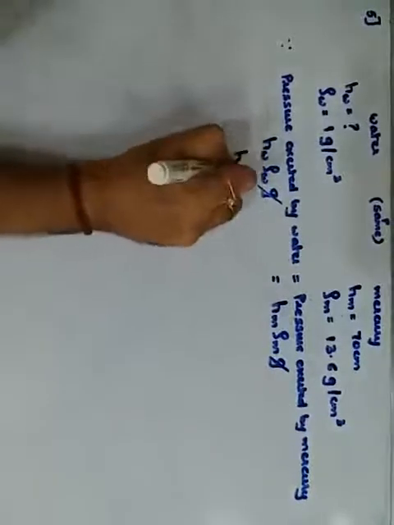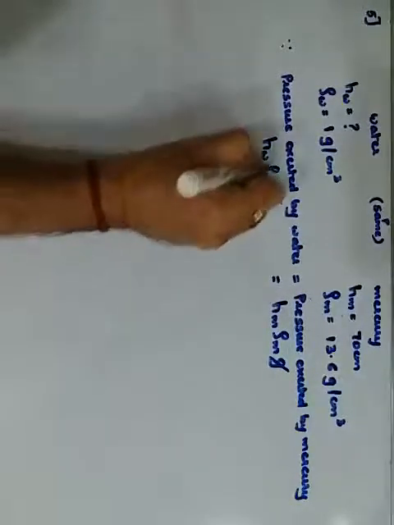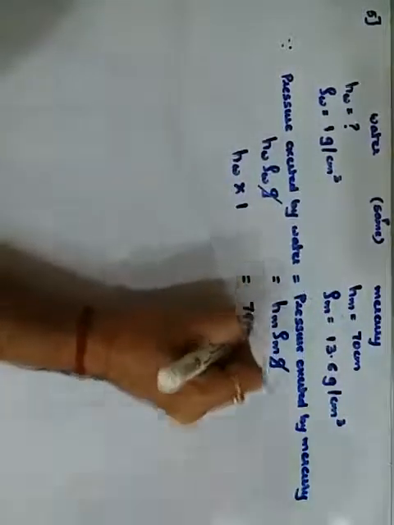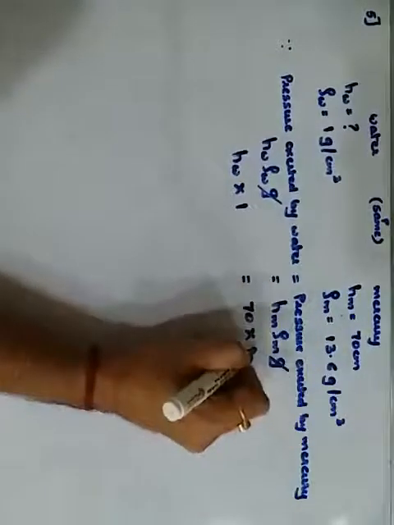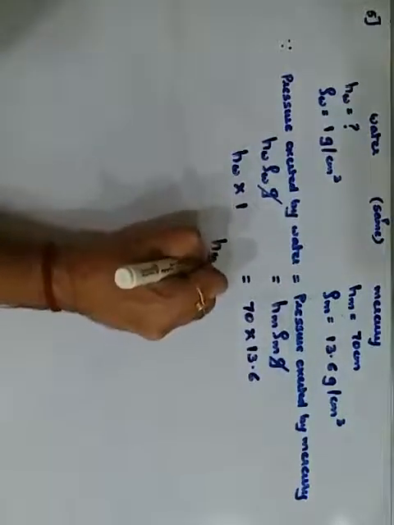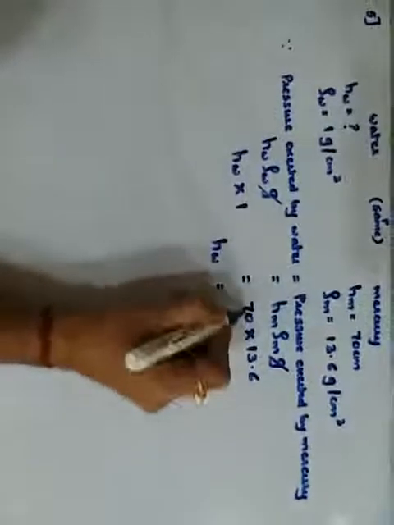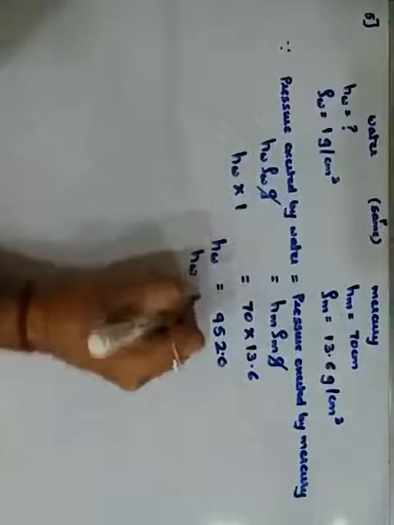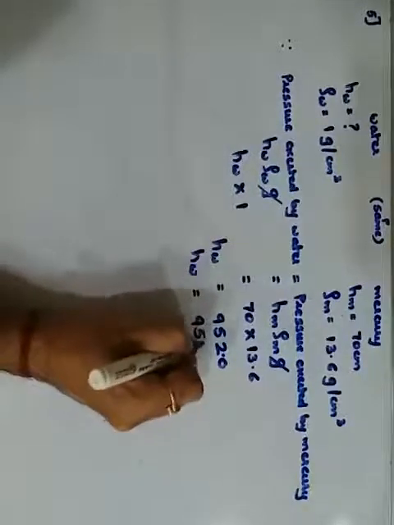This H for water we require, into rho, density of water is 1, is equal to height of mercury, which is 70 centimeter, and density is 13.6 grams per centimeter cube. So the height of water column will be 70 into 13.6, which is 952. So the height of the water column is 952 centimeters.